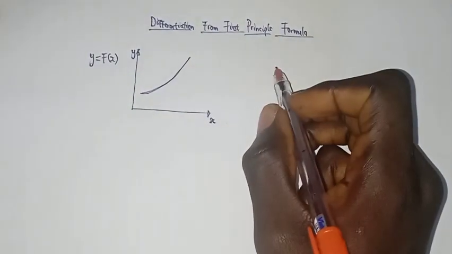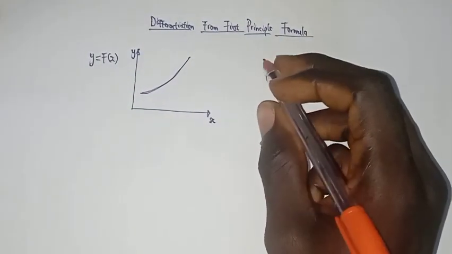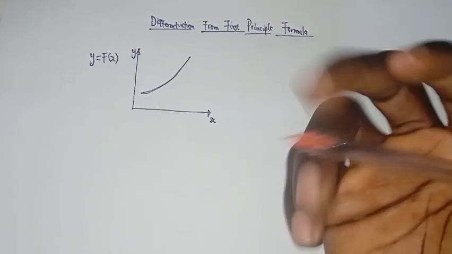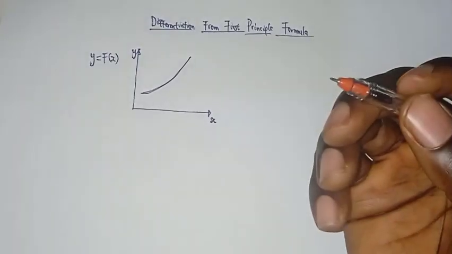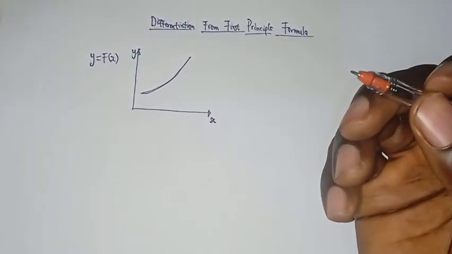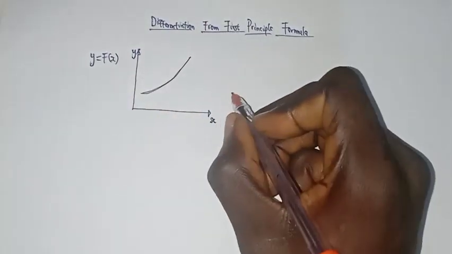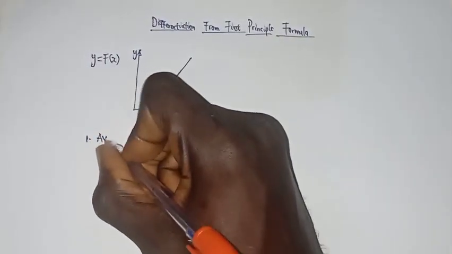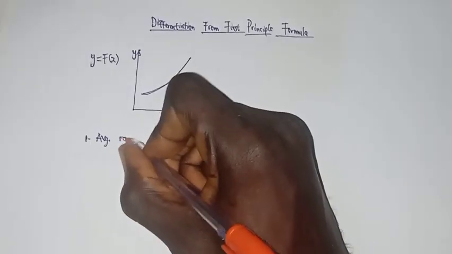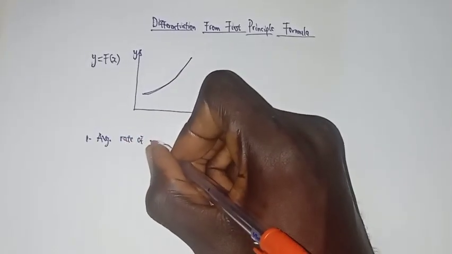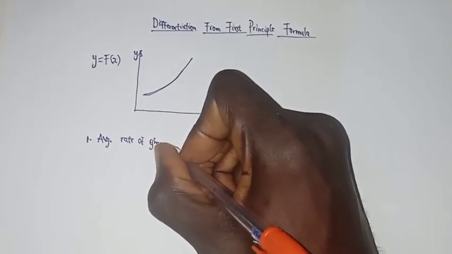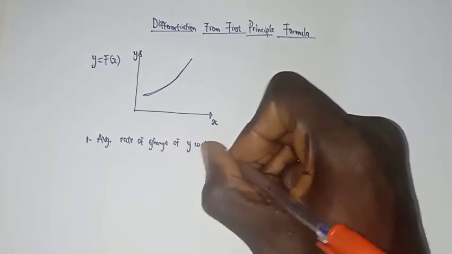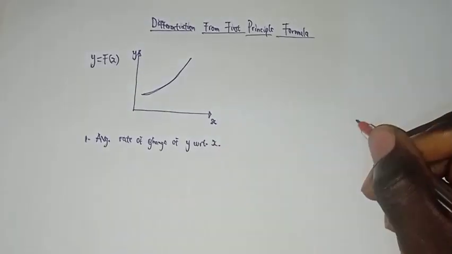The first principle derivative formula tells us two things. The first thing we get from this is that the formula tells us the average rate of change of y with respect to x, number one.